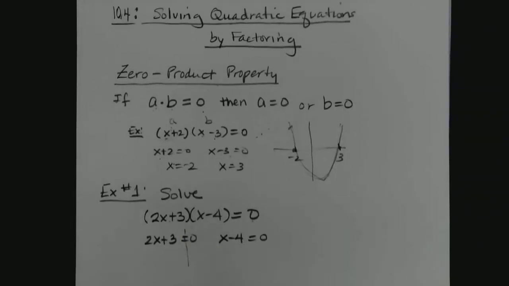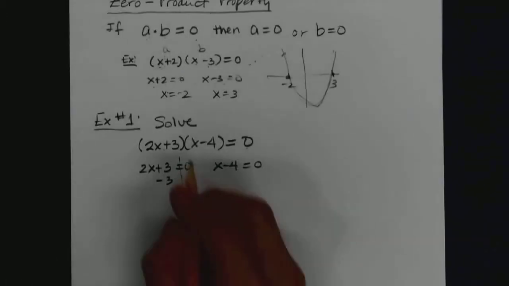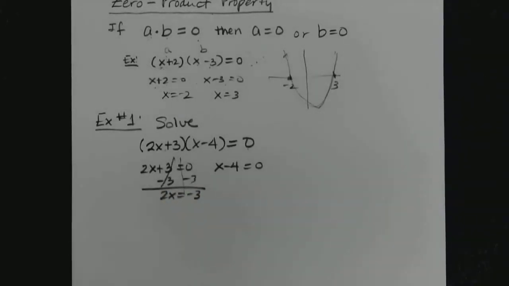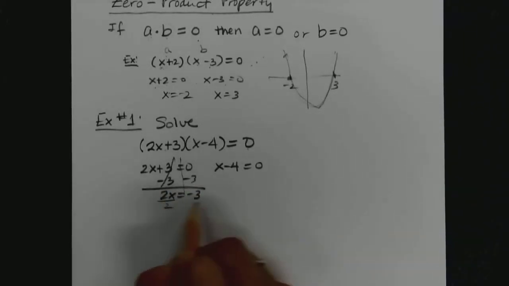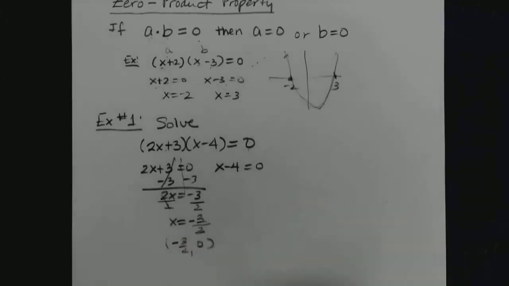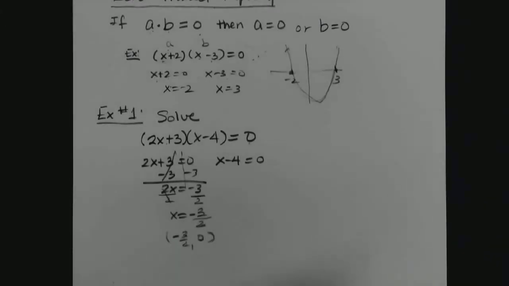What do we do first? -3. So then I get 2x equals -3. And then what do we do? Divide by 2. So x equals -3 over 2, or -1.5. So -3 over 2 comma 0 is my first solution.